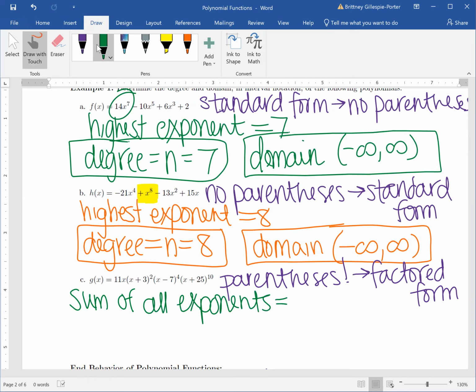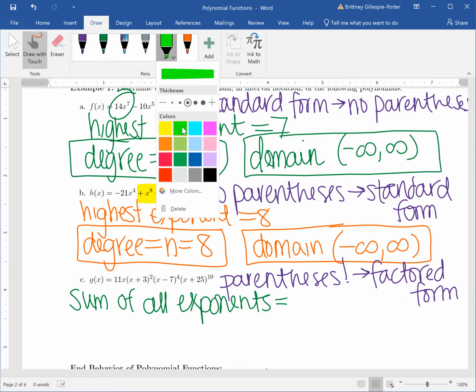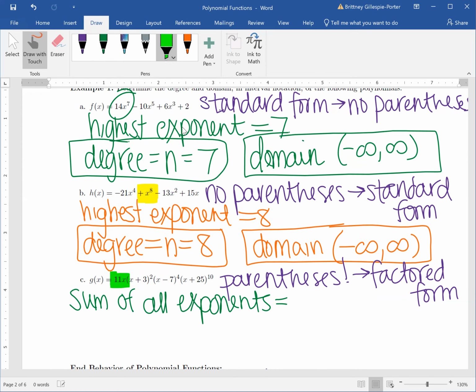So if you're thinking to yourself, 2 plus 4 plus 10, you're on the right track, but you're forgetting somebody, because right up here at the very beginning, we have a variable. And remember, if you do not see its degree, but the variable's there, it's a 1.